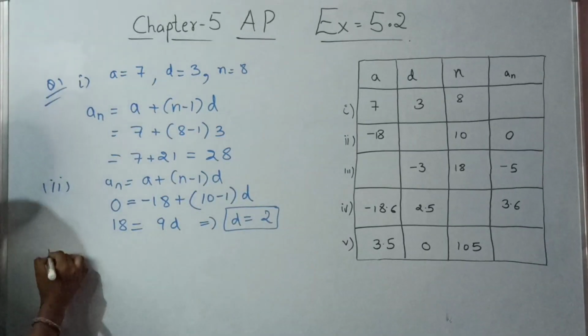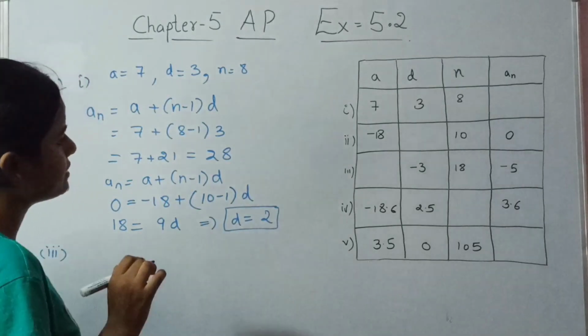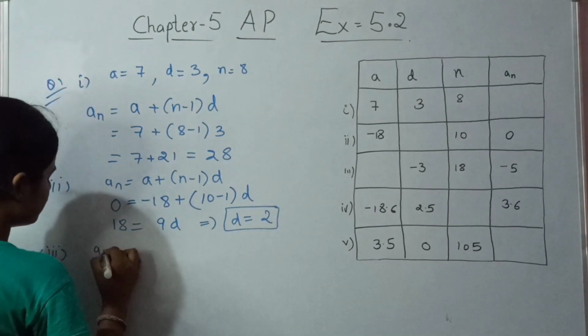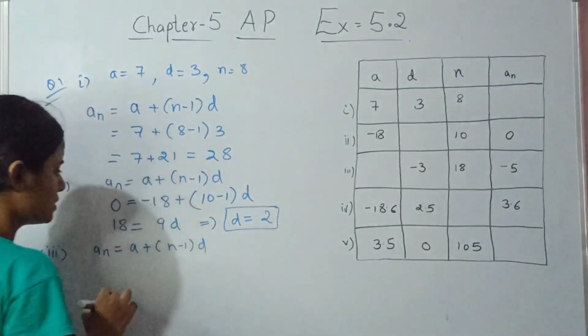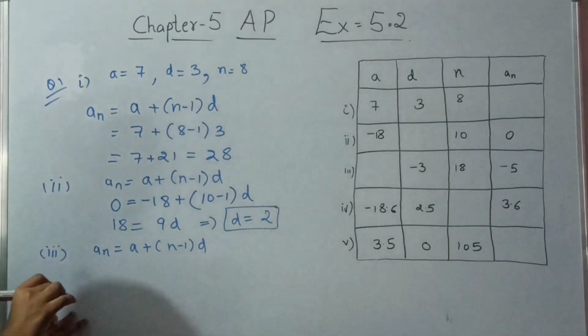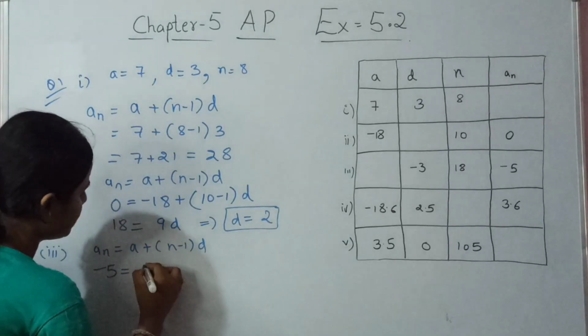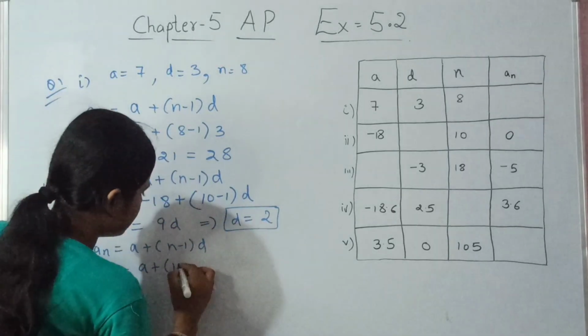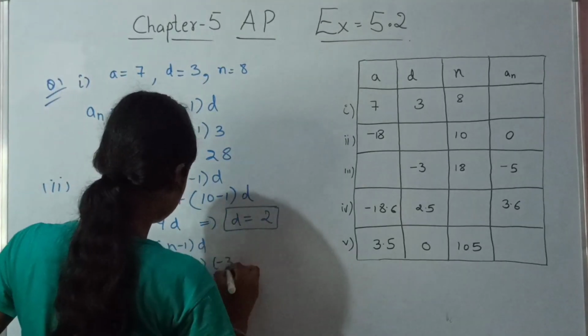In the third part we have to find the first term. So again we will use the same formula. Now put the nth term as minus 5. A we have to find, n is 18 minus 1, D is minus 3.